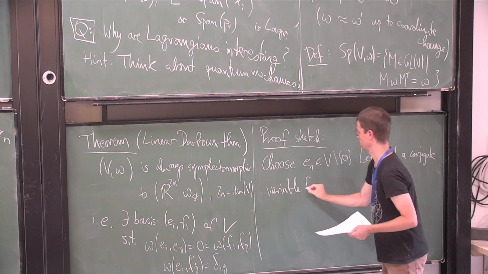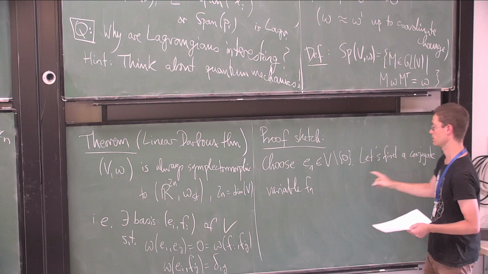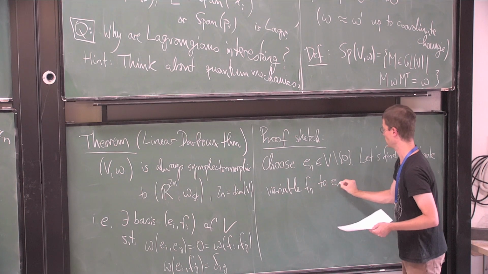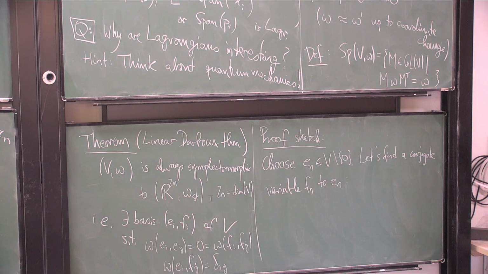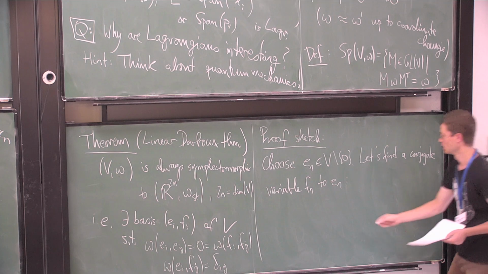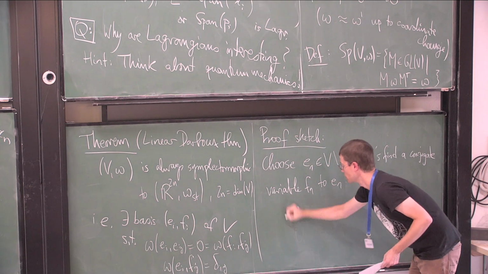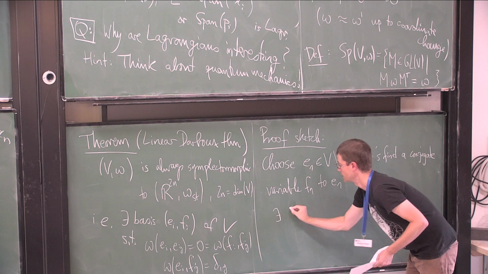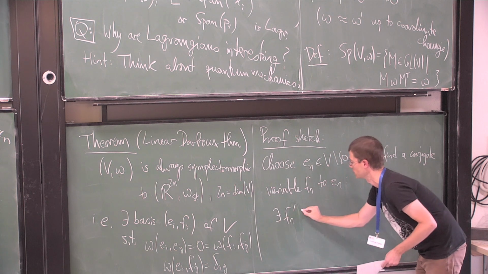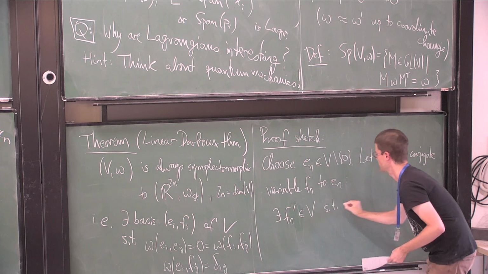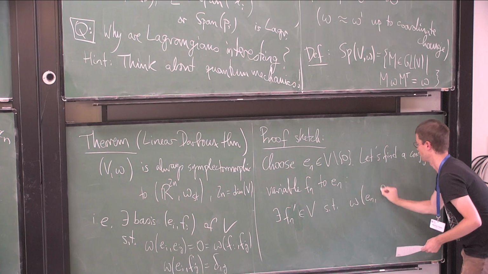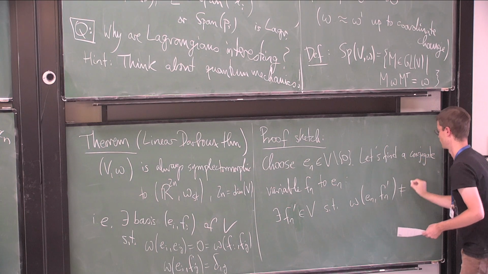It's not unique, but it exists. We know that there is, let's say, f1 prime in V such that omega of e1 and f1 prime is non-zero.